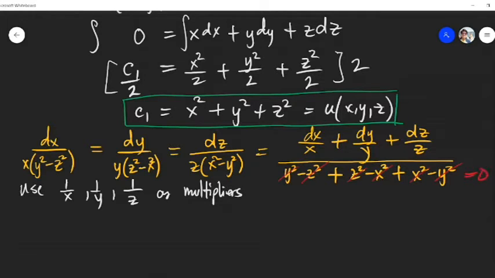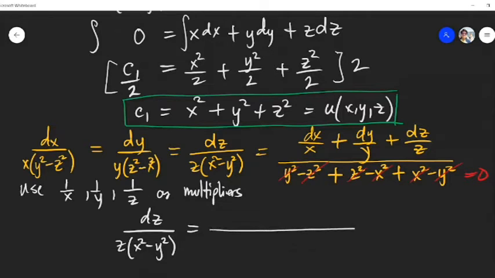So this is equal to 0. Okay, so what remains is still we can equate it with one of the fractions. So let's use the last one, x squared minus y squared. It doesn't matter because the denominator that we will multiply there is 0 already. So what remains is just the numerator, dx over x plus dy over y plus dz over z.